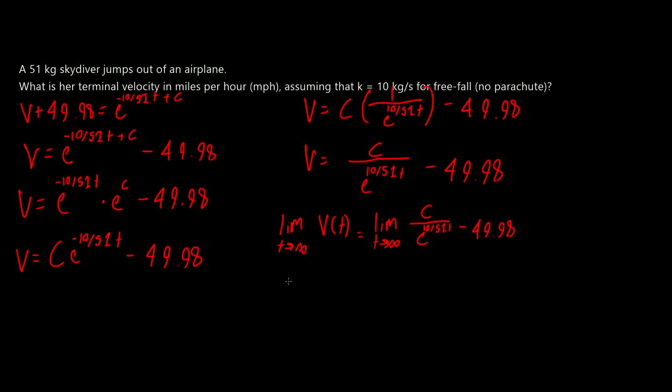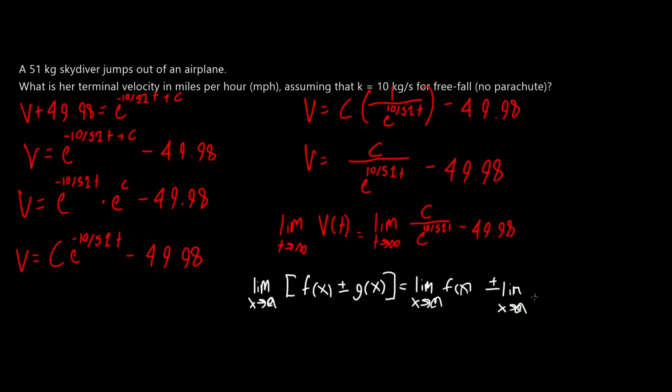So now I want to introduce a law of limits. It goes like this: the limit as x approaches a of f of x plus or minus g of x will equal the limit as x approaches a of f of x plus or minus the limit as x approaches a of g of x.